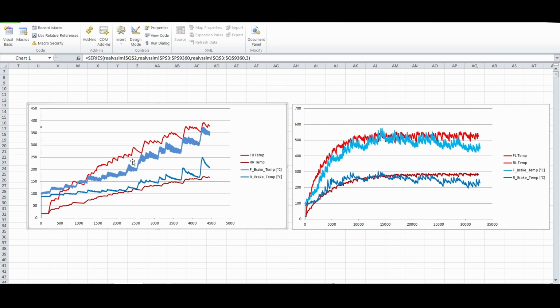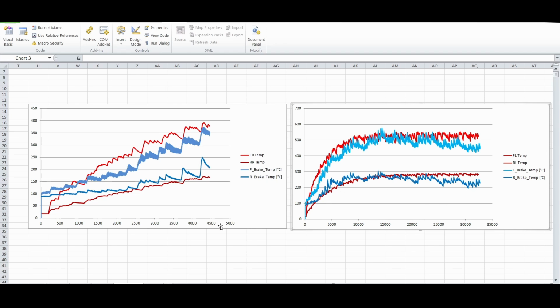So here we just have 1 lap. Again, the blue ones are actual data, the red are from the simulation. We do see they both rise, but not at the same amount because, again, I don't know the actual specs of the car that this data came from. So we have 1 lap on the left, and on the right we have an entire, I think 6 or 7 laps.